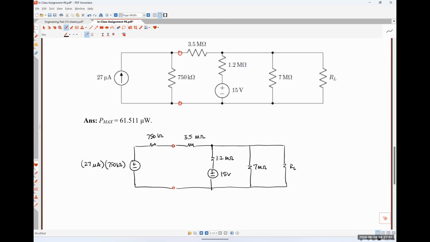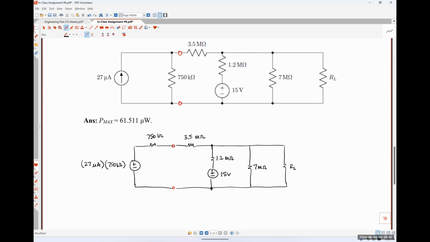So by performing that source transformation, what changed? Or what could we do now that we couldn't do a moment ago? KVL. So we can always do KVL. How are the 750 kiloohm resistor and the 3.5 megaohm resistor connected now? They're now in series.